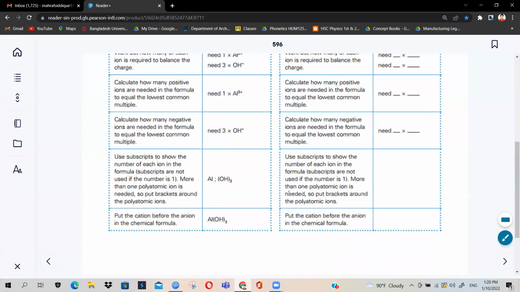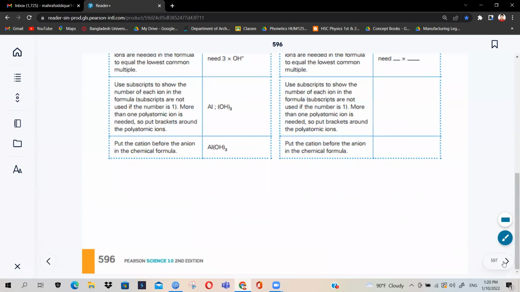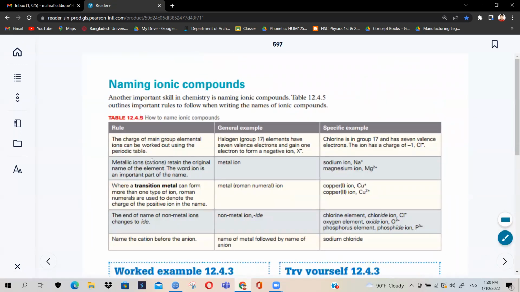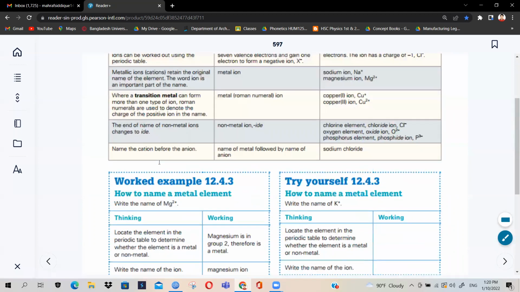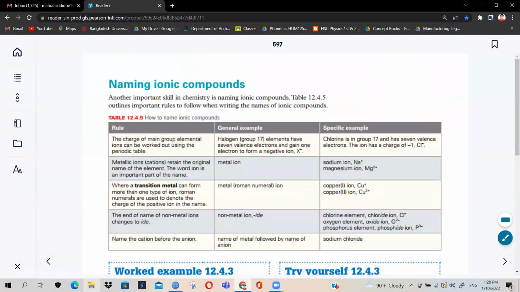Okay, so these pages we have completed. All right, tell me, did we learn how to name ionic compounds? I think so. Yes, you're right.